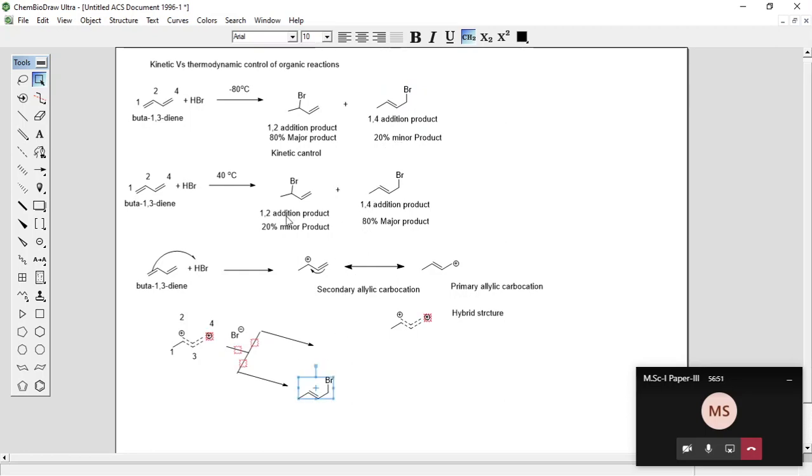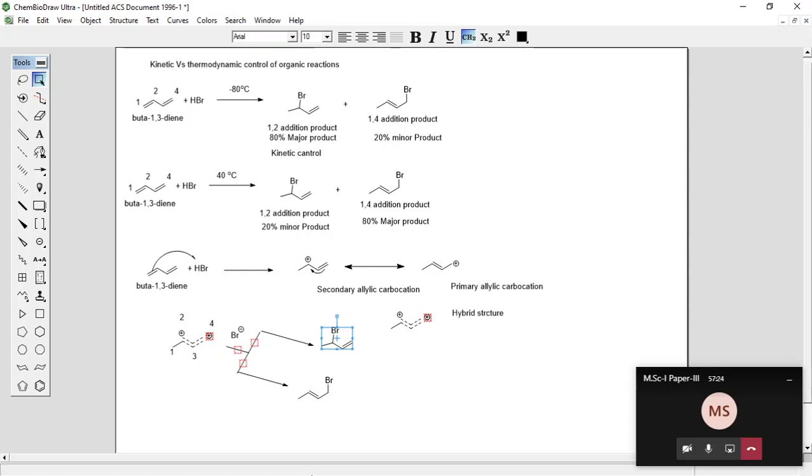So this is your 1,4 addition product, and this is your 1,2 addition product. If this nucleophile Br minus attacks carbon number 2, you will get the 1,2 addition product. If this Br minus nucleophile attacks carbon number 4, you are getting the 1,4 addition product. So depending upon the temperature, you are getting a major or minor product.